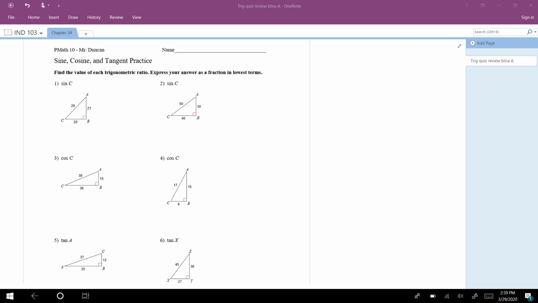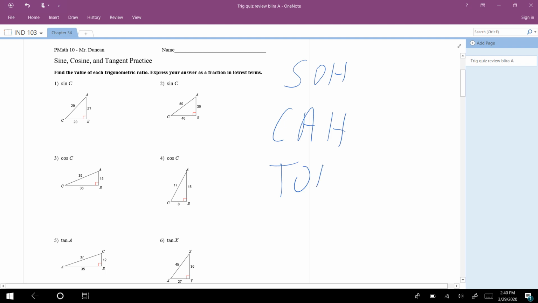It is dealing with right triangles and being able to figure out either an unknown side or an unknown angle, basically things we can't figure out with just the Pythagorean theorem. We call it SOHCAHTOA: S-O-H, C-A-H, and T-O-A.